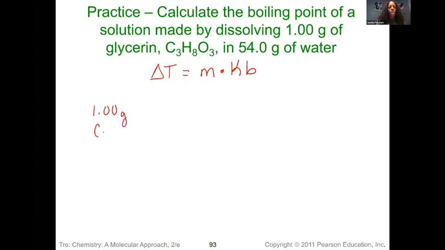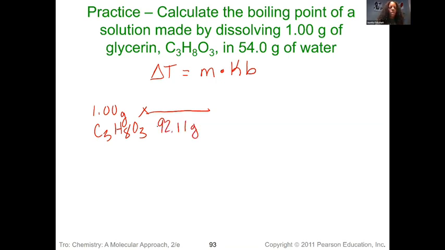We need the molar mass: 12.01 times 3, plus 1.01 times 8, plus 16 times 3. That gives us 92.11.